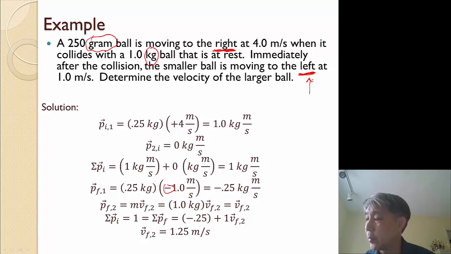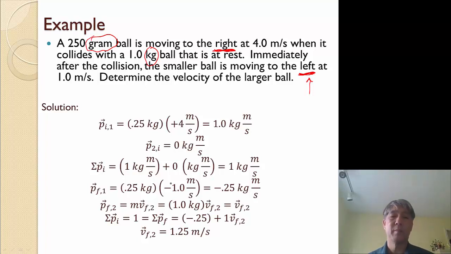So I'm going to need to keep that. That minus 1 meters per second times the 0.25 gives me a final momentum of minus 0.25 kilogram meters per second, or 0.25 in the negative, leftward direction. I don't have a velocity for my second ball, so I don't have a momentum for it; that's what I'm trying to find out. So its final momentum is just 1 kilogram times V final, or just V final 2.